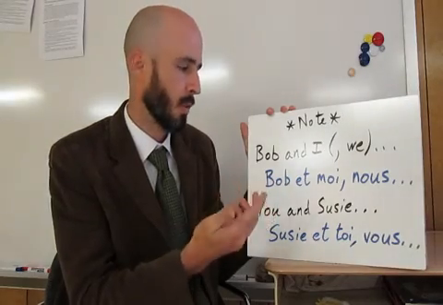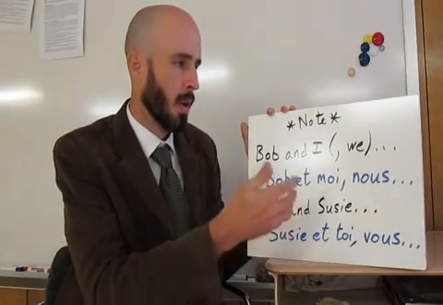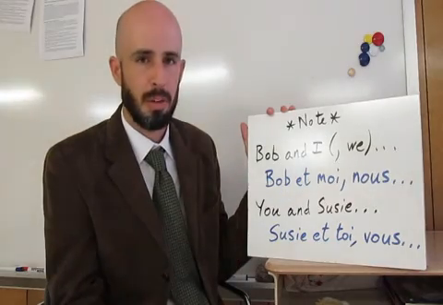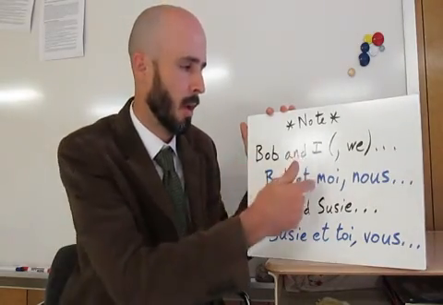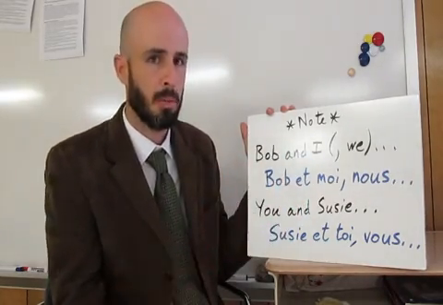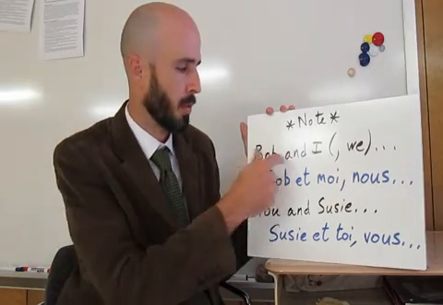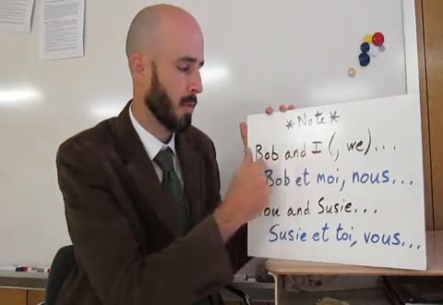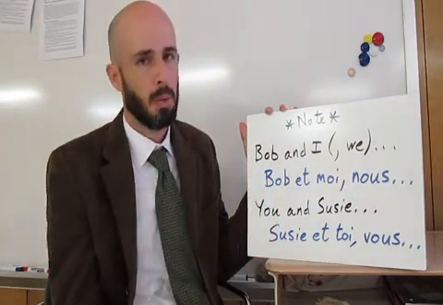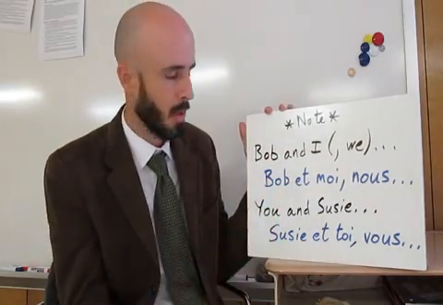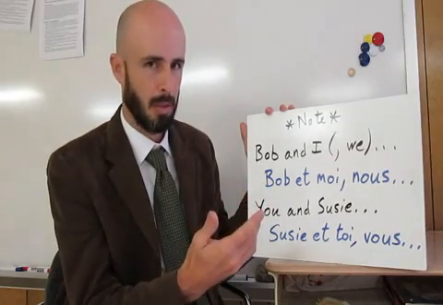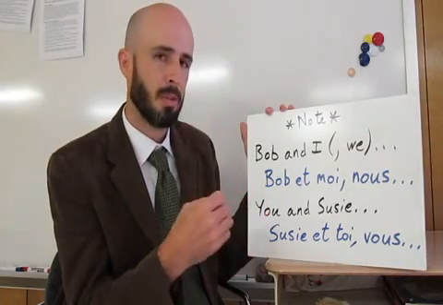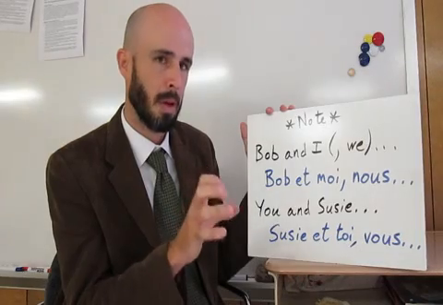For example, I could say, "Bob and I play basketball together," or "Bob and I, we play basketball together." What I'm trying to point out is that in French, you can't quite do that. You actually have to use a different kind of pronoun if you're going to make a compound subject.